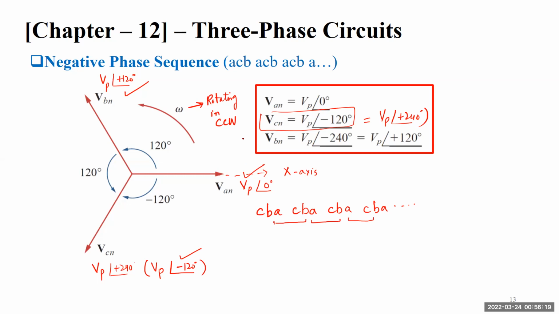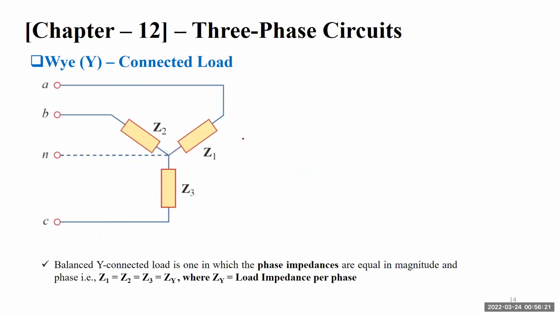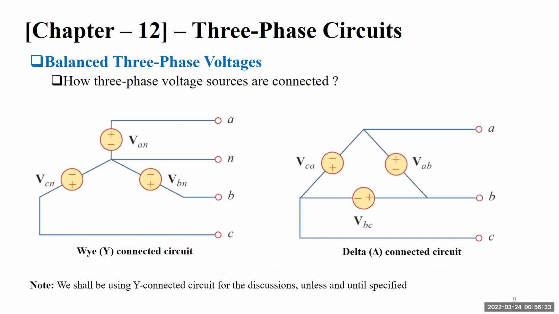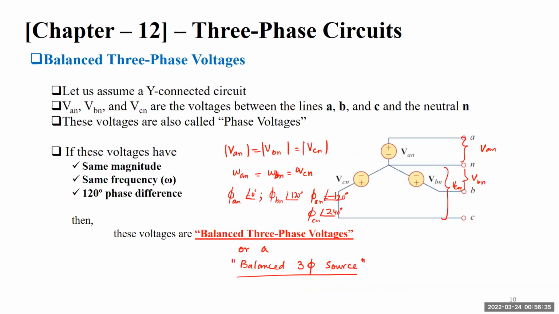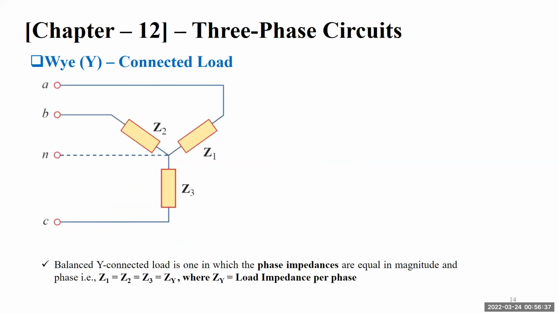Now coming to loads. As we have seen, our sources can be connected in delta combination or in Y combination. Similarly, our loads can be connected in either delta or Y combination.